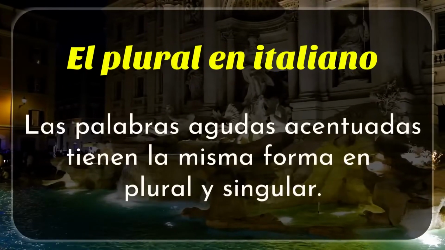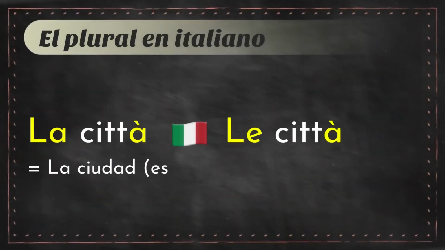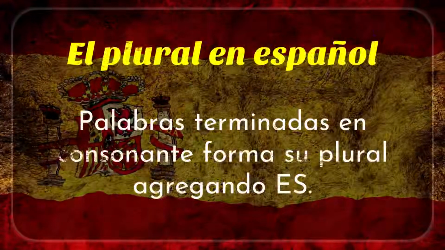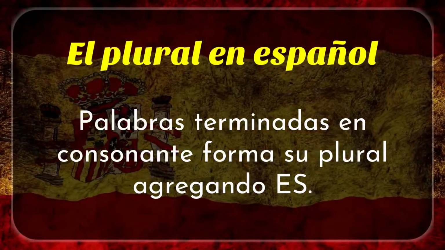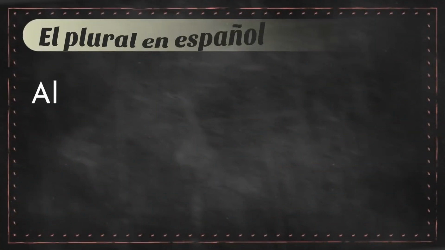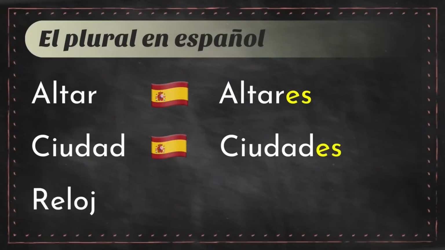However, in Italian, words with stress on the last syllable have the same form in both plural and singular: la città, le città. And in Spanish, words ending in a consonant form their plural by adding es: altar, altares, ciudad, ciudades, reloj, relojes.